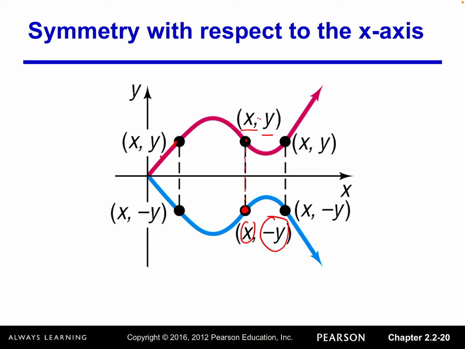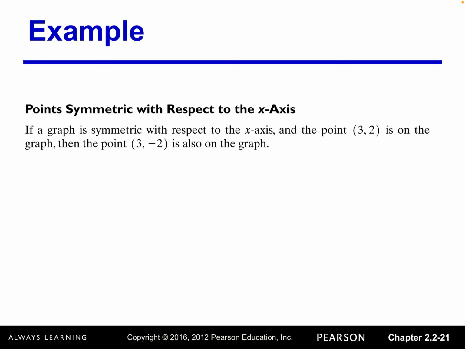If this is positive, this one will be negative. So symmetric with respect to the x-axis, from the graph point of view, means if you do the mirror image of this half about the x-axis, you will exactly get the other half. That's what it means for the graph to be symmetric with respect to the x-axis.